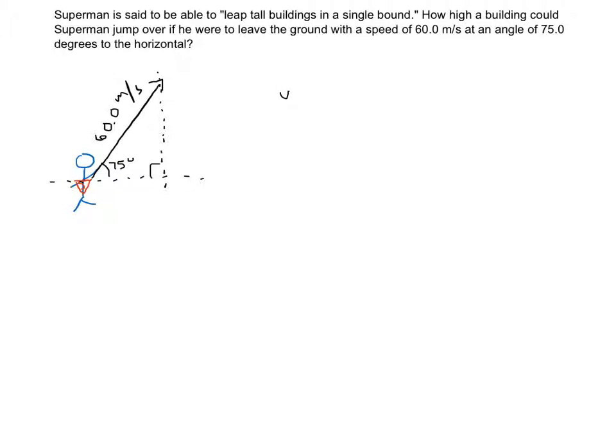So we're looking here for VIX and VIY. To do this, we're going to have to use a little bit of trig. So in this case, I'm going to use sine of 75 equals VIY over 60, our hypotenuse. To solve that, all we're going to have to do here is multiply by 60.